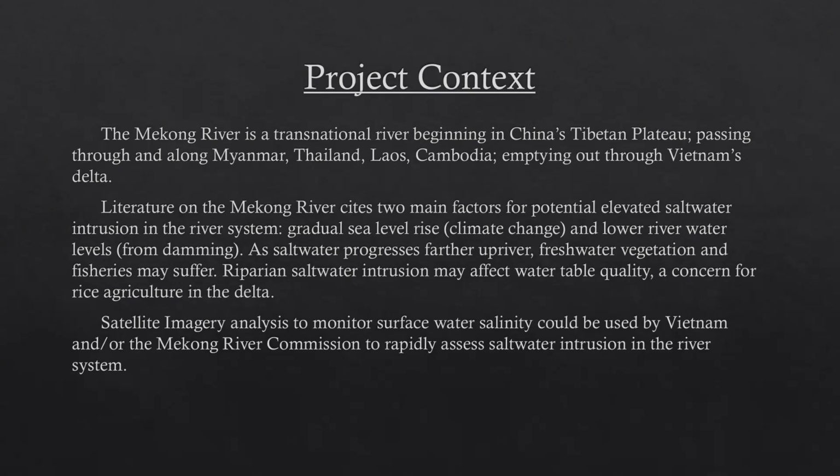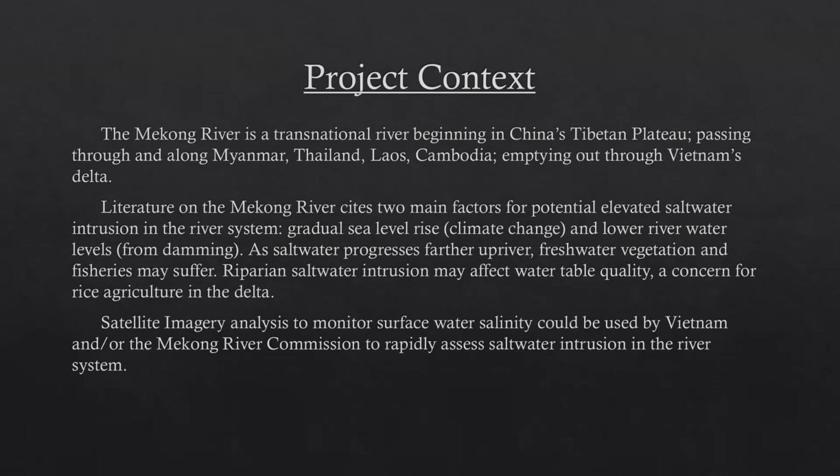One is gradual sea level rise due to climate change, coupled with lower river water levels, arguably attributed to damming in the upper river, though that can be contentious for some countries involved. And as saltwater progresses farther upriver, that can threaten vegetative ecosystems, fisheries, and can affect the water table quality for agricultural purposes.